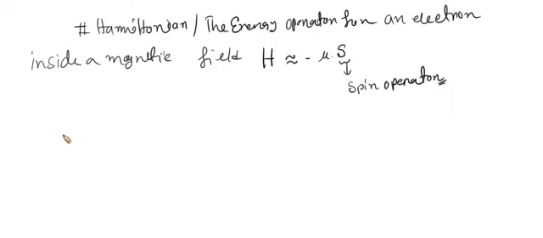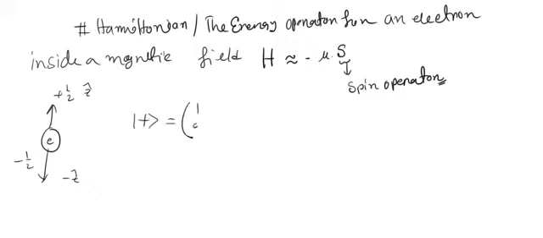Let's say you have this electron and it's spinning, it's not spinning, that's wrong to say, but it can have, let's say, plus half spin on the positive z-axis, and on the minus z-axis it can have this negative half. So this state, that is this up and down state, can be represented by a plus, that is 1 0 when it's on the positive z, and minus when it's on the negative z and it's 0 1.